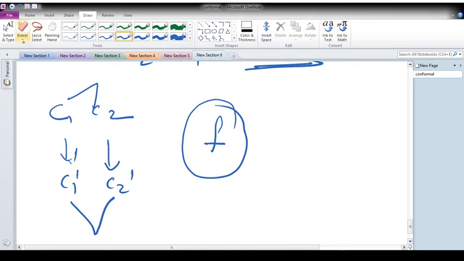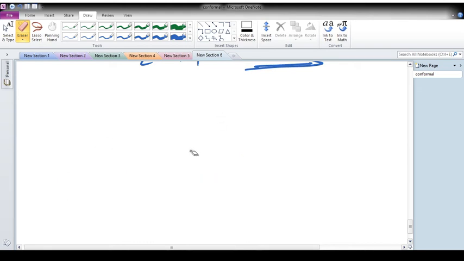To check that f is conformal, you take two curves, find the angle, then find the images of C1 and C2 and the image curves' angle. If these are equal, then f is conformal. But this is very difficult. So we have a theorem to easily check whether the function is conformal or not.